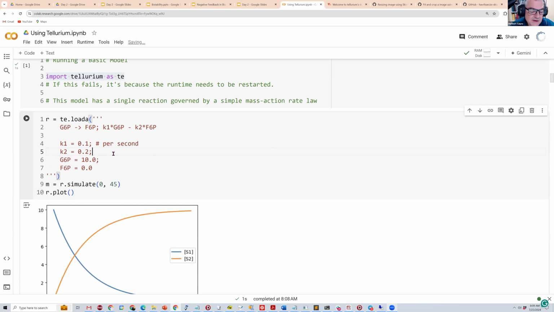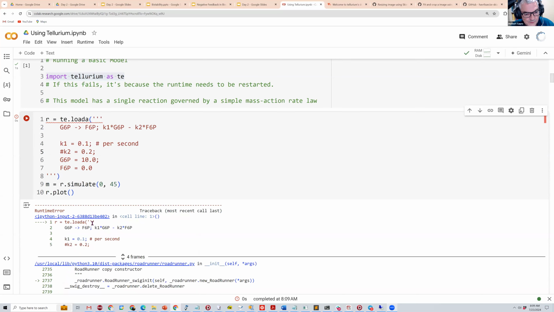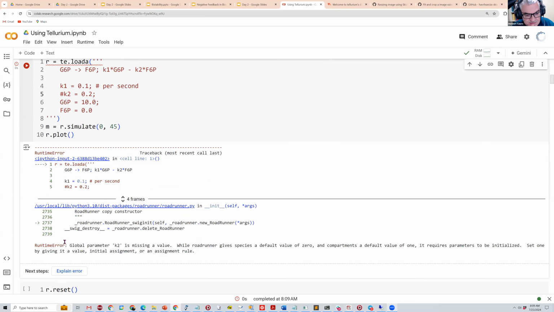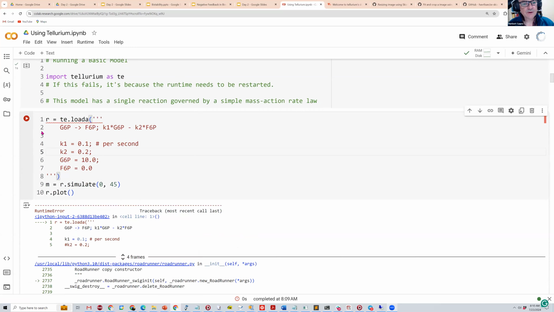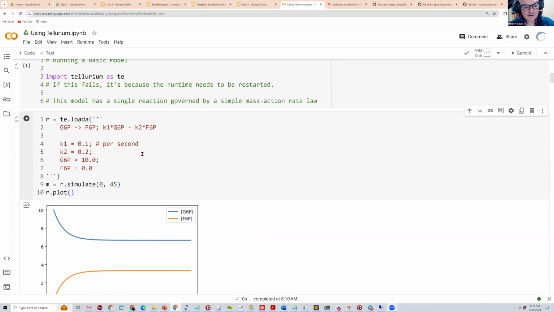And so now we have the tool. In fact, I can show you. So if I comment that out and run this, it'll complain. Okay. It says global parameter k2 is missing a value. So that's to protect you. Okay. So I'll put that back, rerun it, and it works.